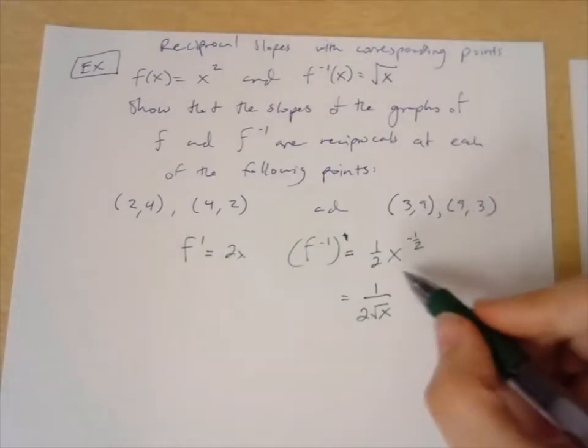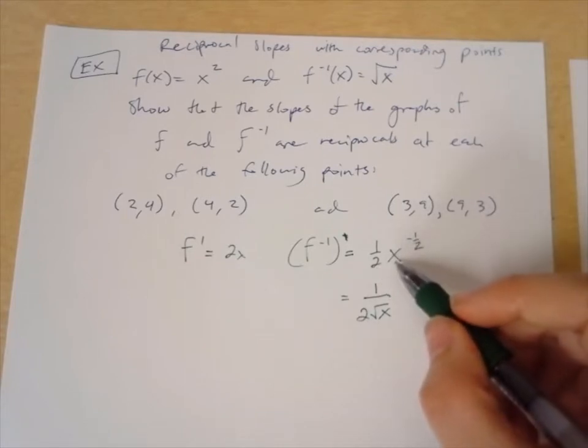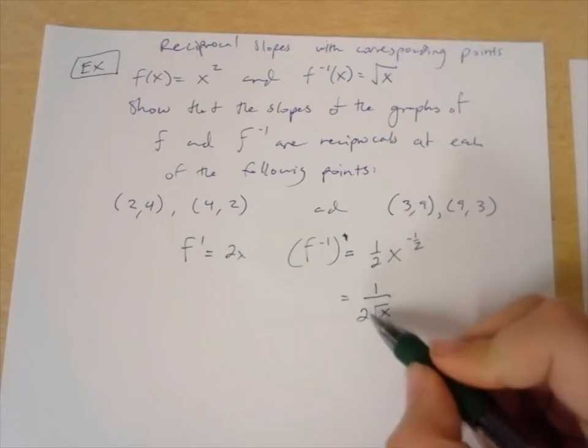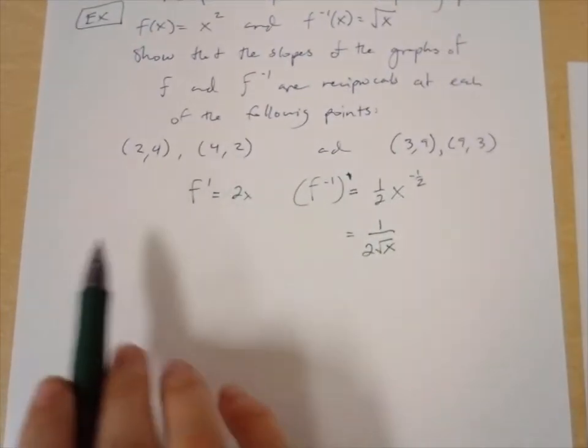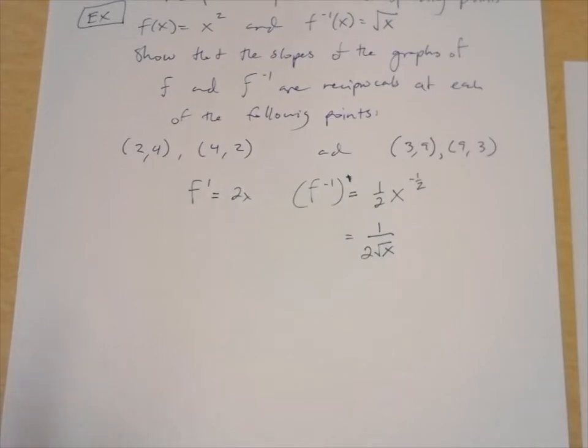I got that because I put the x to the negative 1/2 on the bottom of the fraction because it was negative, and we remember the 1/2 power is actually the square root of x. So those are our two derivatives we're going to use to help us.